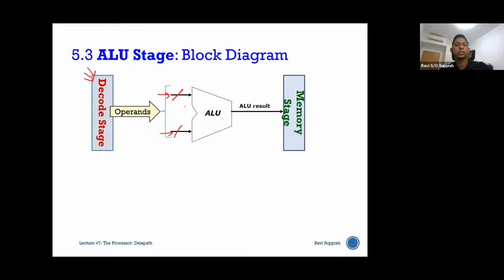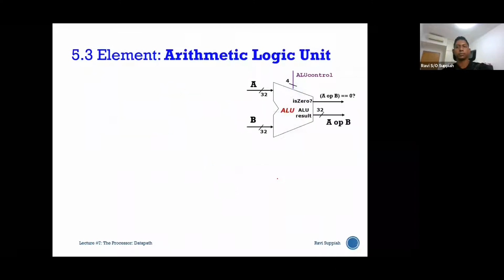The decode stage looks at the opcode, the function field and everything else, and with the multiplexers and control signals, makes sure that the correct two sets of data are passed over to the ALU stage. In the ALU stage, we perform the necessary logical or arithmetic operation to give us the correct result.